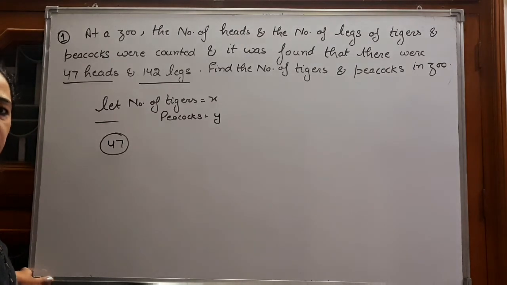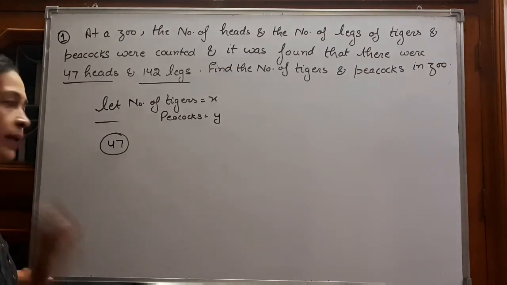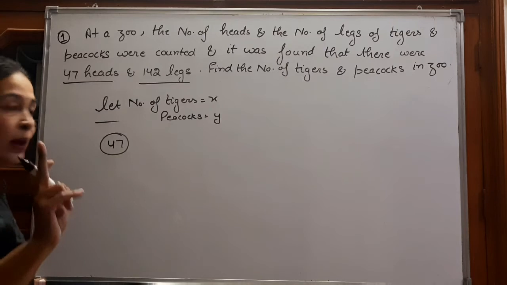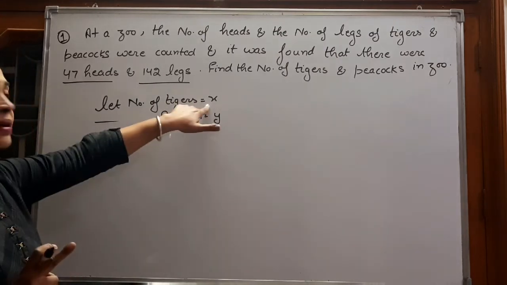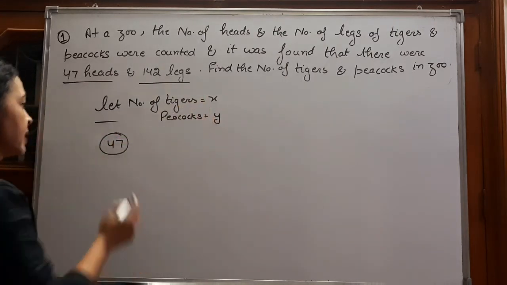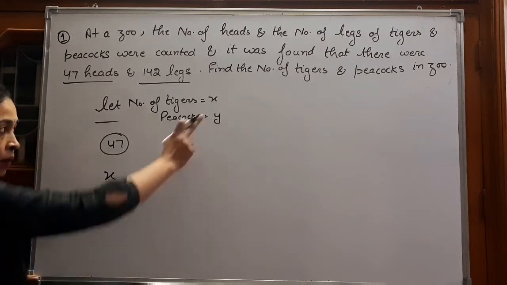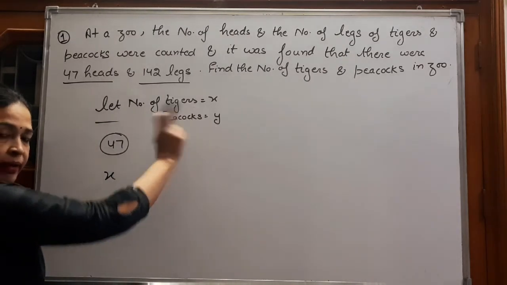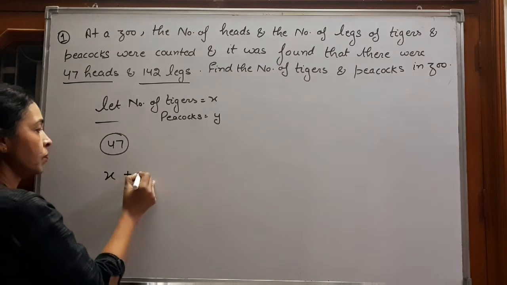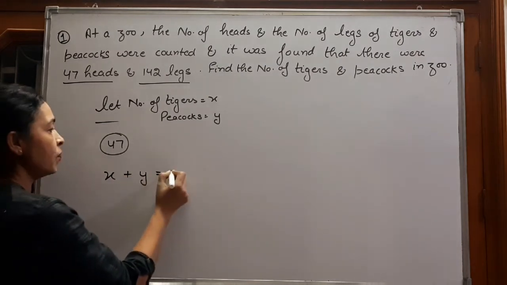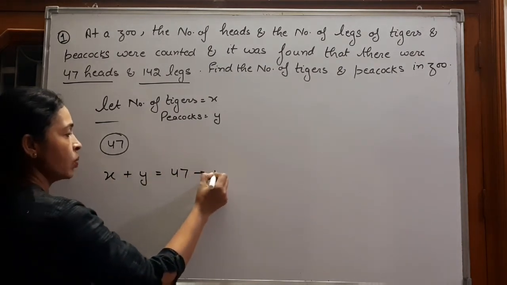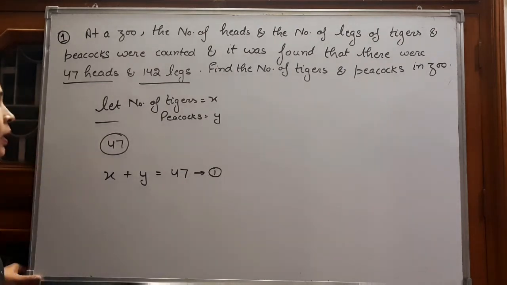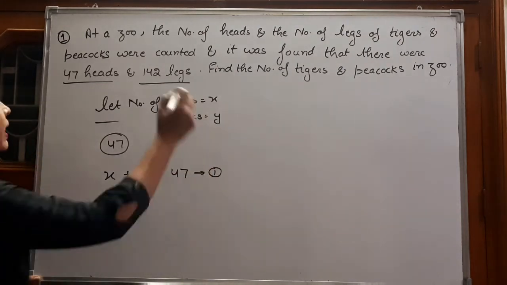How many heads does a tiger have, children? One. A peacock has one head. One tiger has one head. X tigers have 1 into x heads. One peacock has one head. Y peacocks have y heads. And total number of heads are 47. This is equation 1.